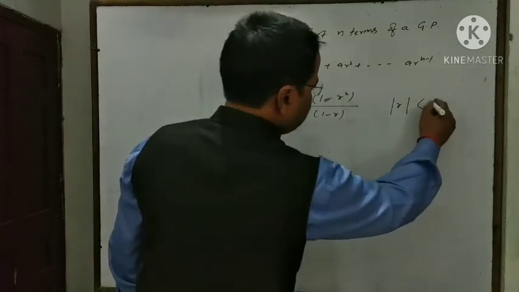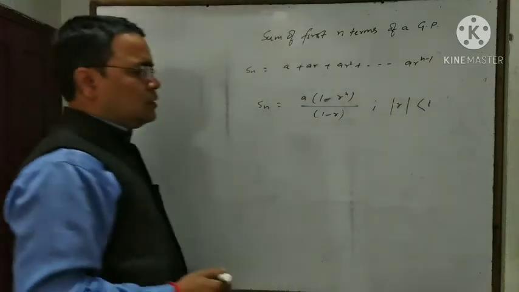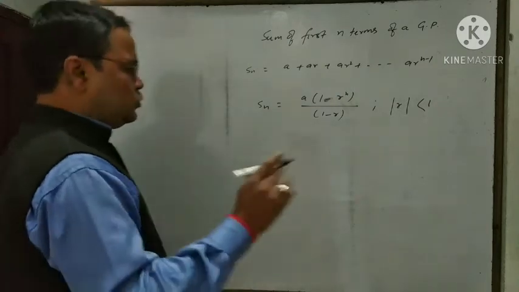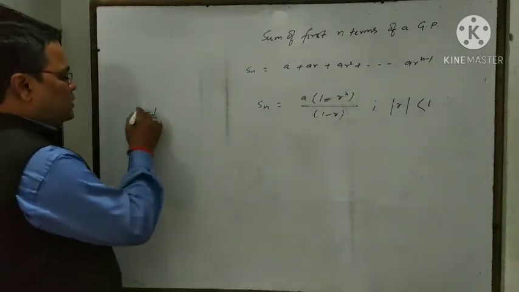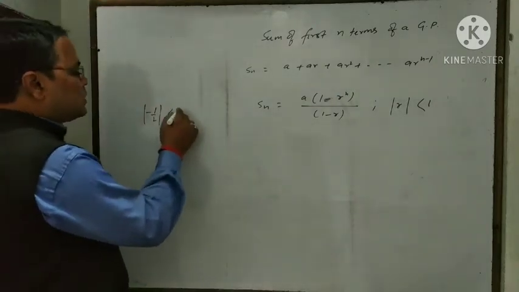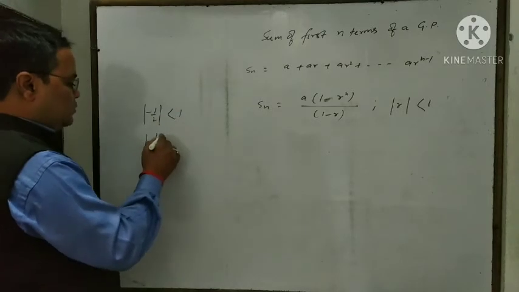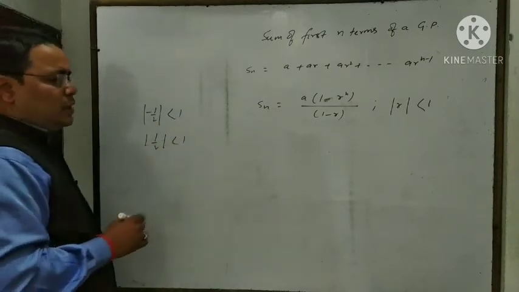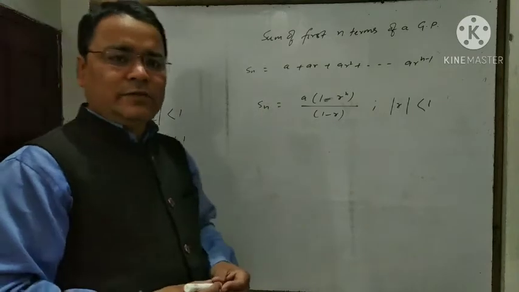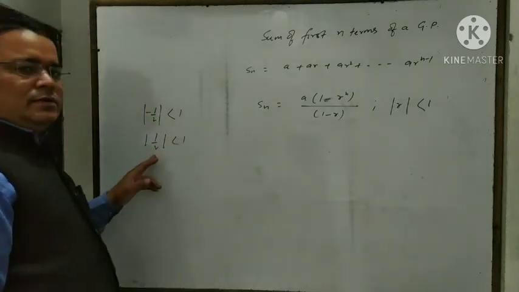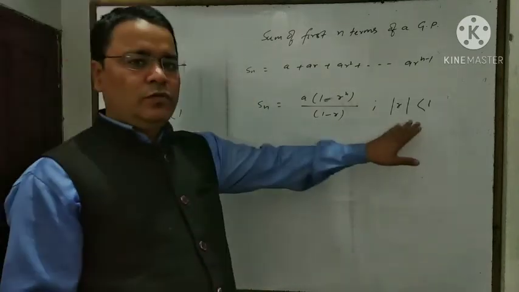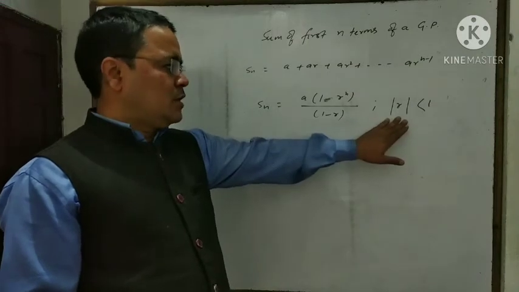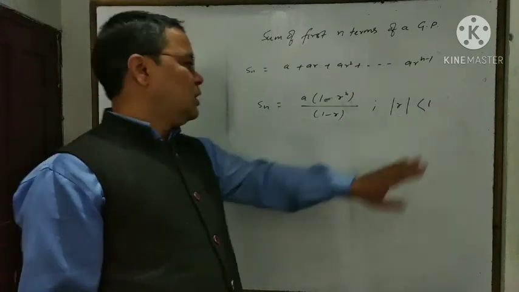When the value of r is less than 1, you know that 1 by 2, minus 1 by 2 is also less than 1. If we have the value of r less than 1, either positive or negative, but here I am writing in modulus value, meaning the exact value of the common ratio should be less than 1, then we use this formula.